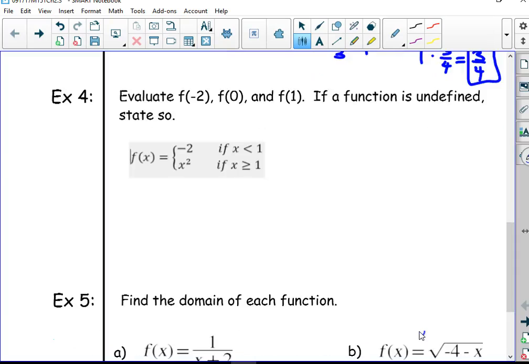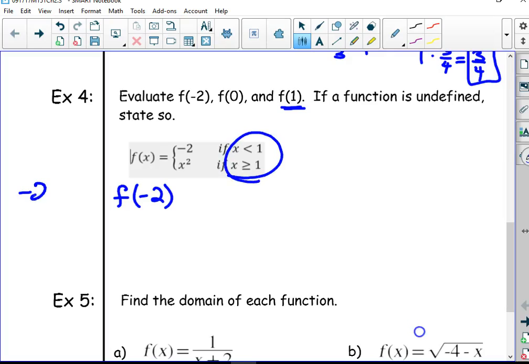All right, this is a piecewise function, and they will always ask you the value at the break point of your piecewise function, but we'll get to that. We're going to look at f of -2. Now, our piecewise function breaks at x equals 1.